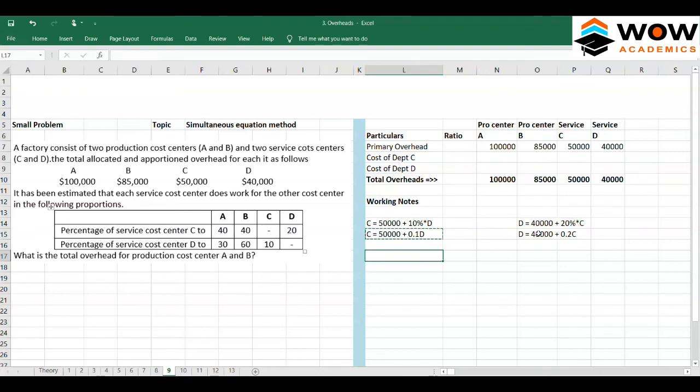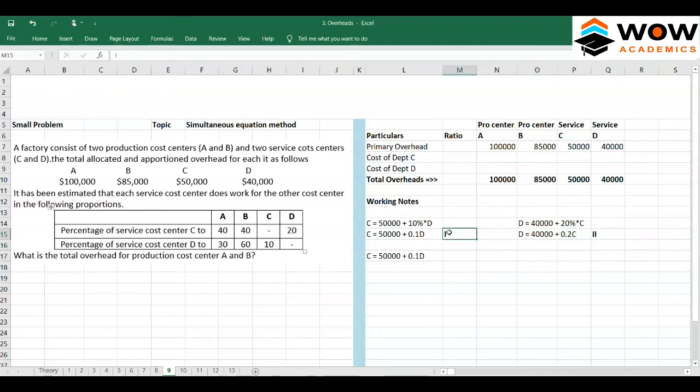This we will take as equation 1, and this we will take as equation 2.